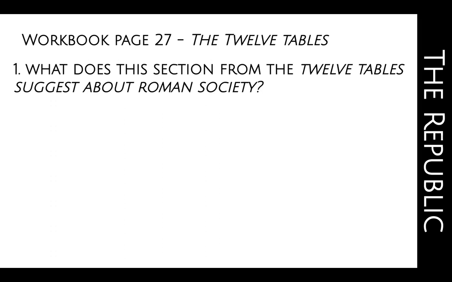If he has broken the bone of a slave, let him pay 150 coins. So I'd like you to stop the video right now and answer that question, and then press play and we'll review your answer.